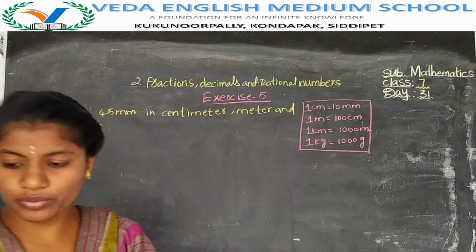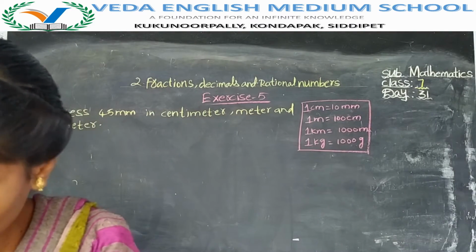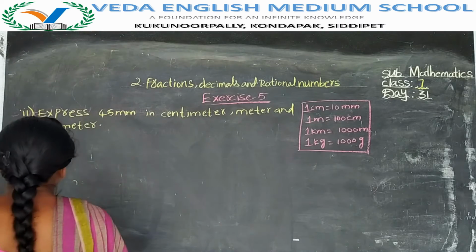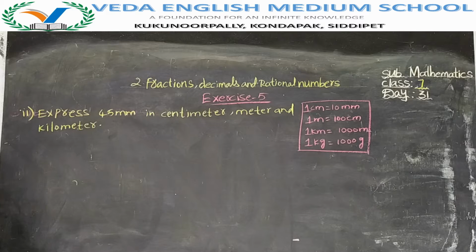Now here also we have to use that box. We have to convert these 45 millimeters into centimeters, meters and kilometers.